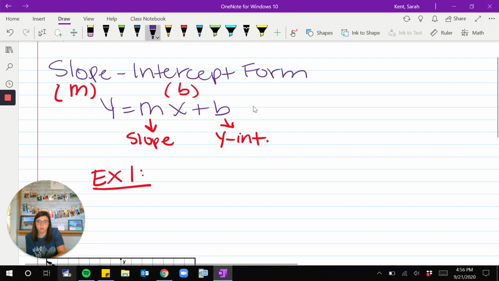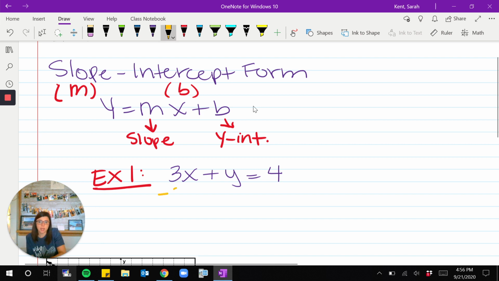we have the equation 3x plus y equals 4. So first we need to put this in slope-intercept form. To do this, we need y by itself.